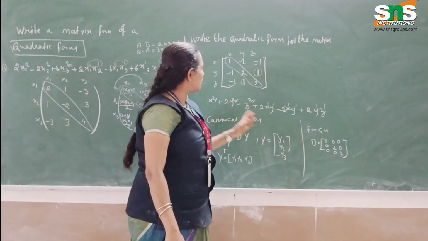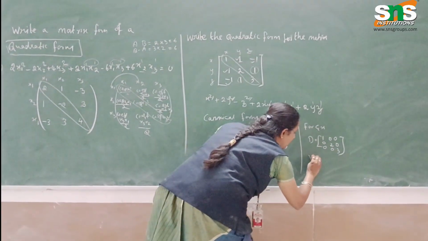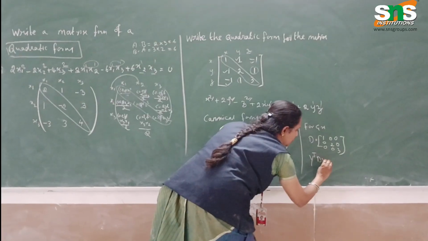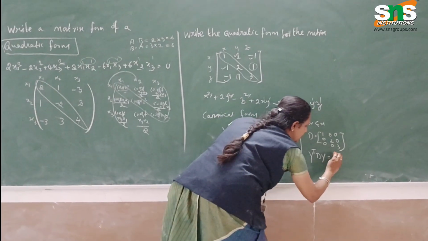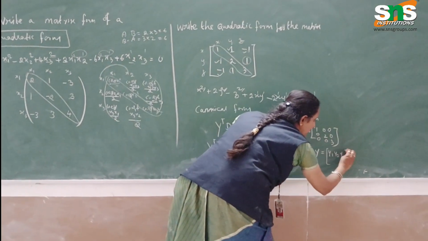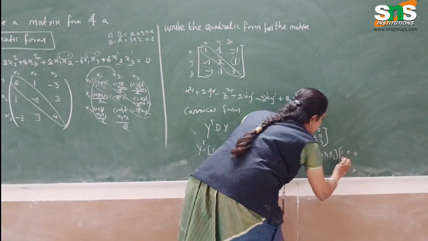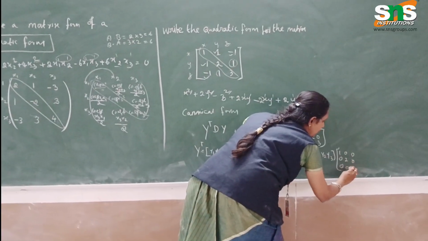In this diagonal matrix, what is our canonical form? The canonical form is y transpose D y. So y transpose is y1, y2, y3. Here D is the given matrix 1, 0, 0, 0, 2, 0, 0, 0, 3.